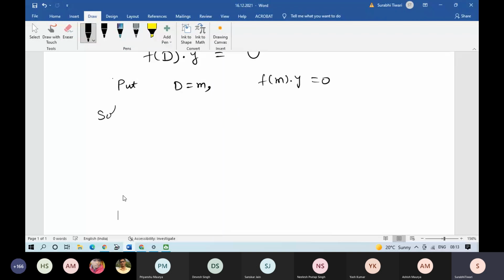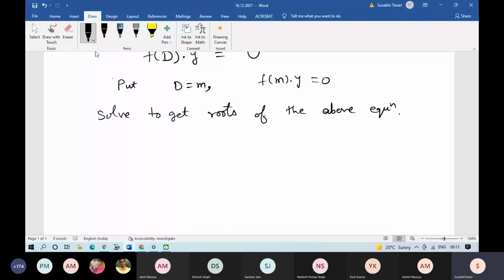Now solve to get the values or roots of the above equation. Okay.